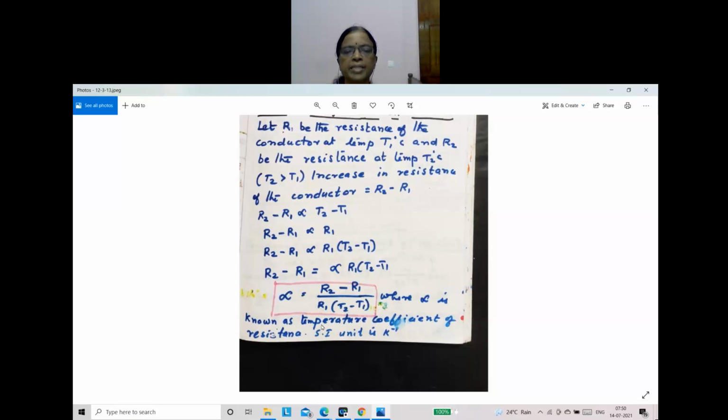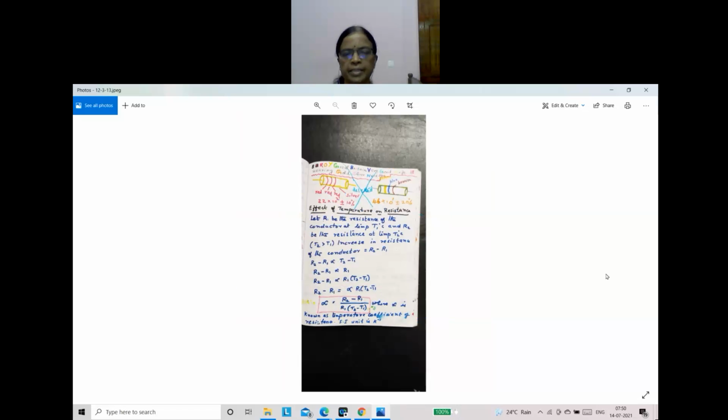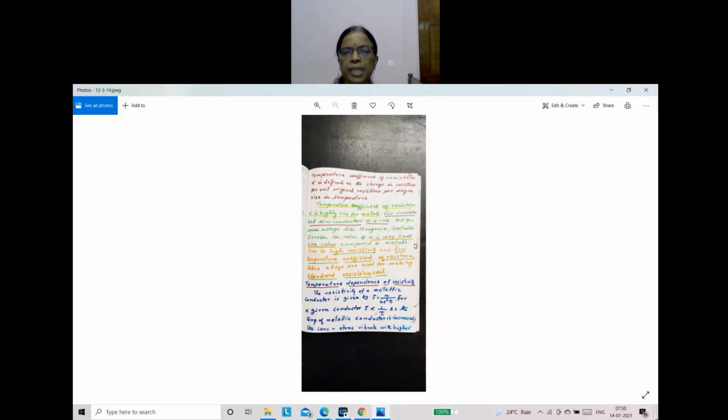R1 is the unit original resistance, and the temperature difference is also made unity: 1 degree Celsius or 1 Kelvin rise in temperature. So alpha is the increase in resistance per unit original resistance per degree Celsius rise in temperature. Okay, that is the definition for alpha.